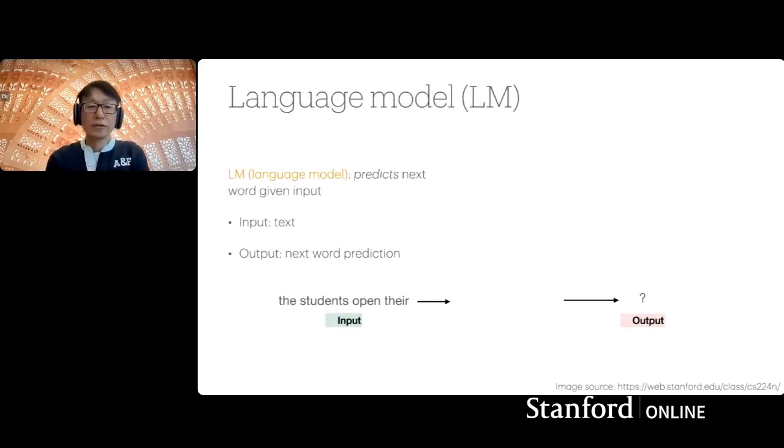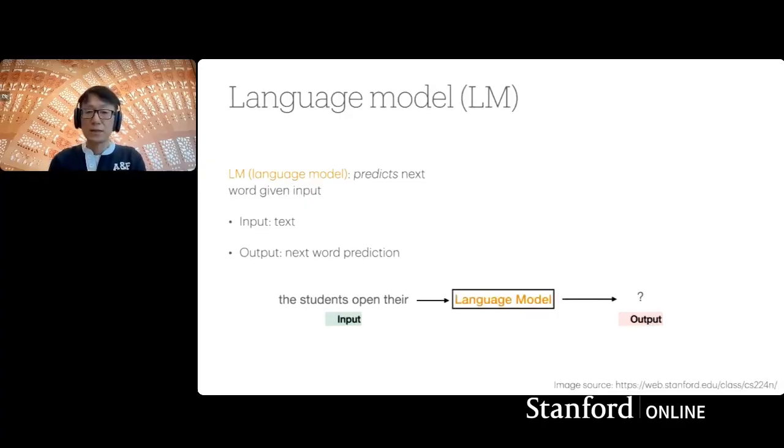So a language model is a machine learning model that predicts the next coming word given the input text. As in this example, if the input is "the students open there," then the language model can predict what's the most likely word coming next. If the language model is trained with a large corpus, it is generating the probability of the next coming word.